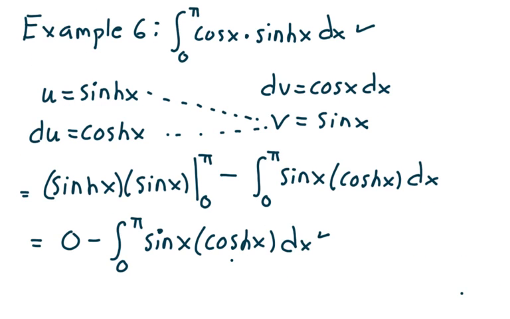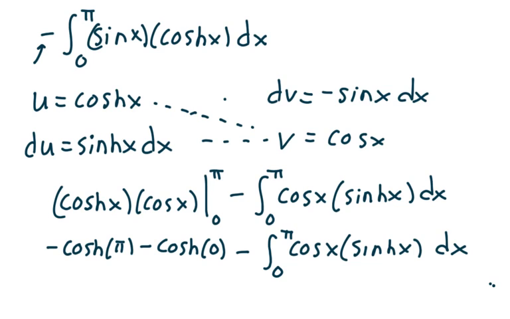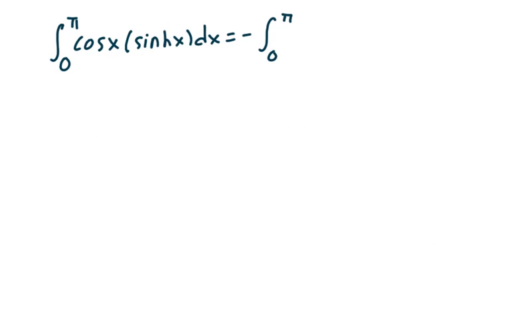The integral from 0 to pi of cosine x times hyperbolic sine x dx is negative the integral from 0 to pi of sine x times hyperbolic cosine x.